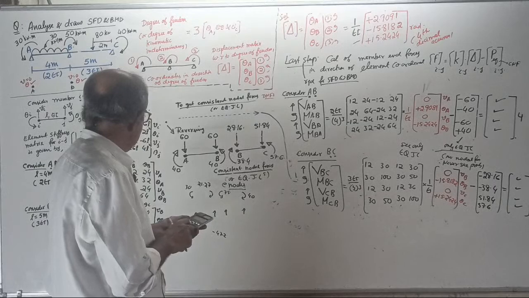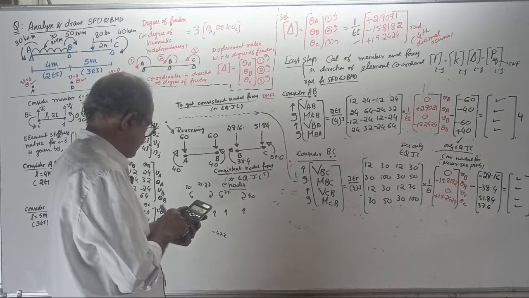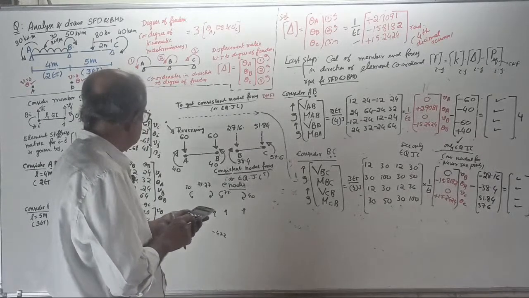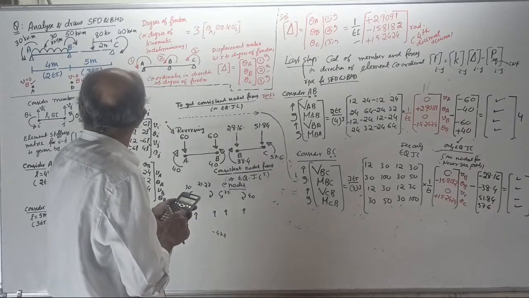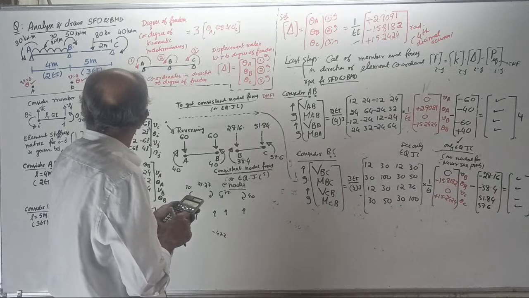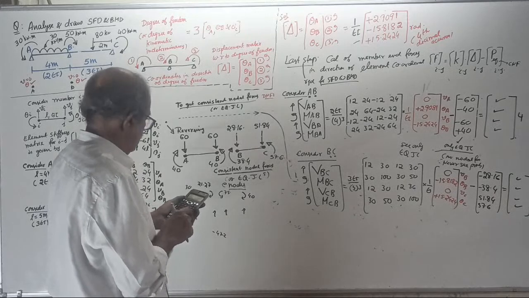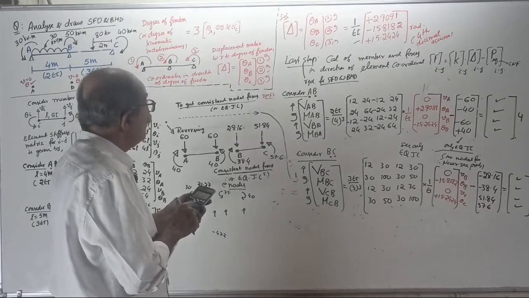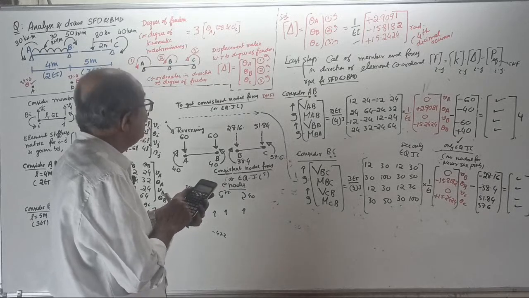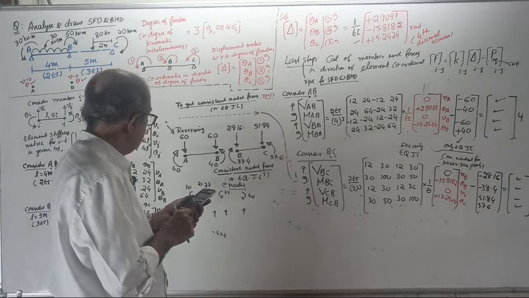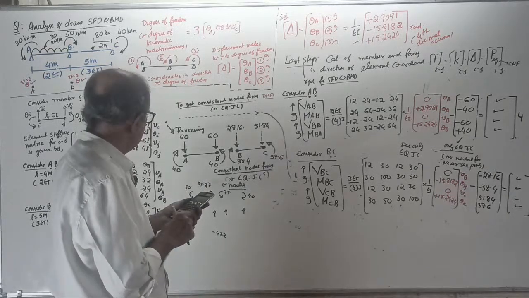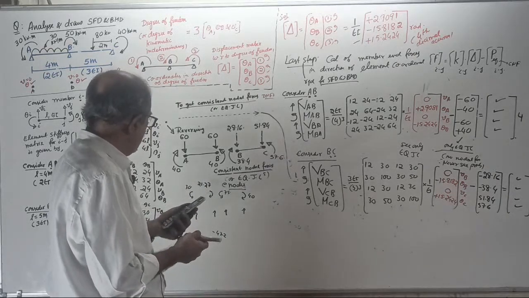That is 75 anti-clockwise, minus 75 plus 102. I don't know why something happened here.